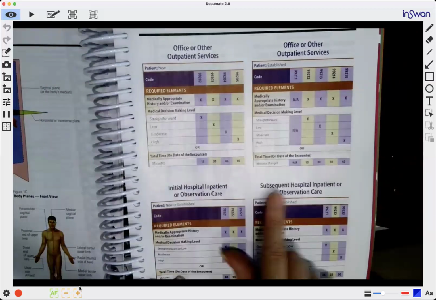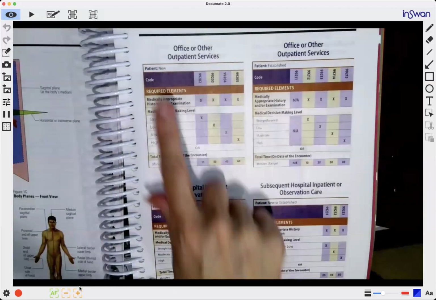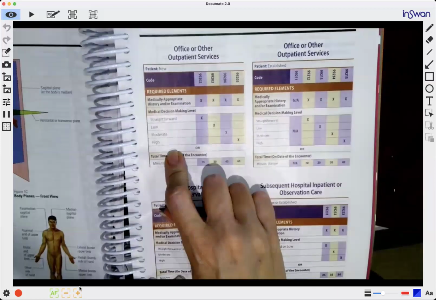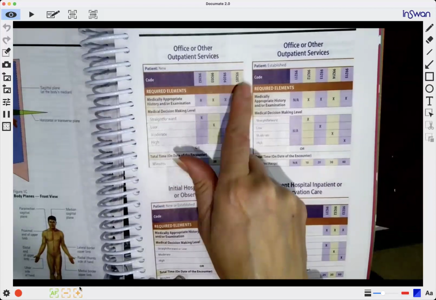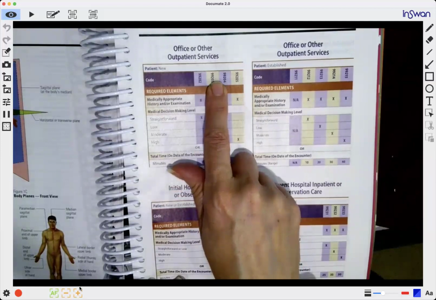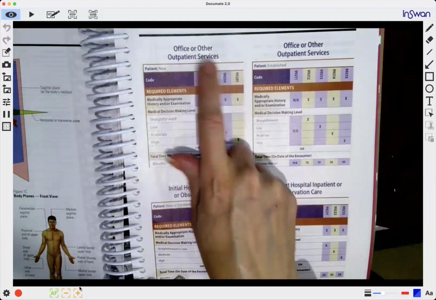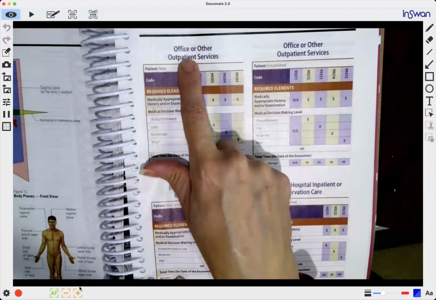New or established, new or established. So this is initial, this is subsequent. And so what it's telling you is the code range. So you're going to either use 99202, 99203, 204, or 205. That will be the code that you assign for a new outpatient visit.